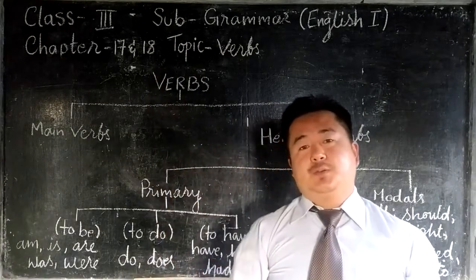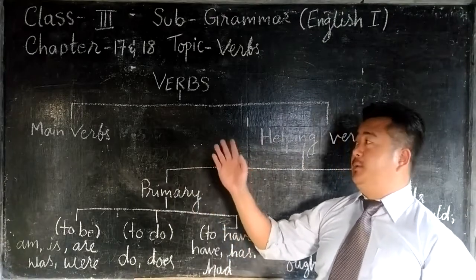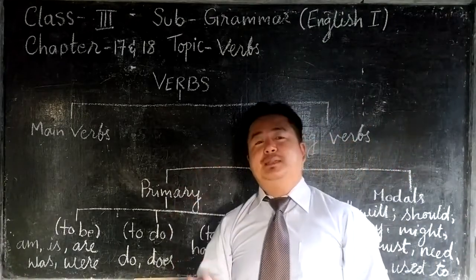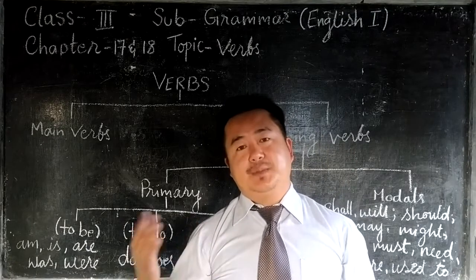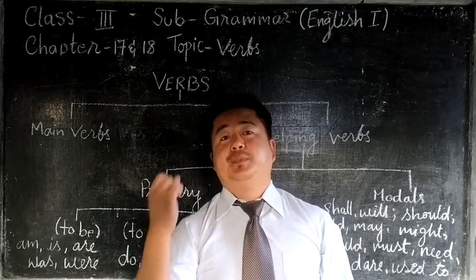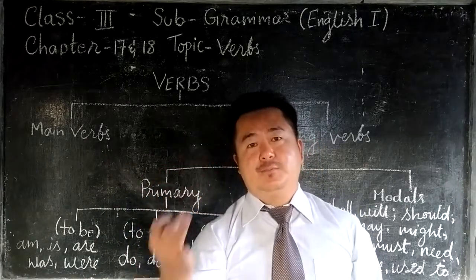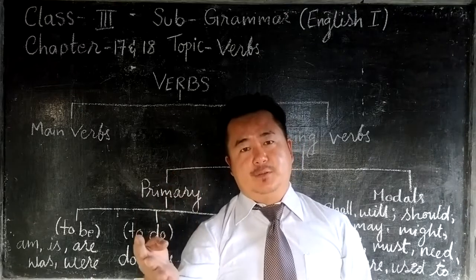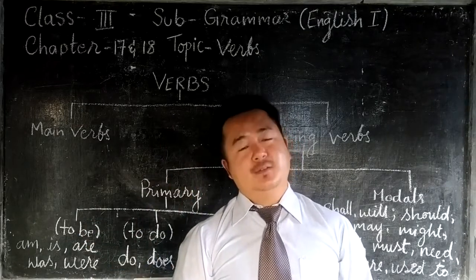Last class we already discussed how many parts of speech there are: 7 or 8. Let's count. Noun, pronoun, verb, adverb, adjective, conjunction, interjection.